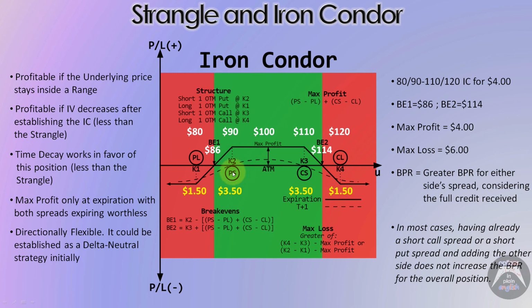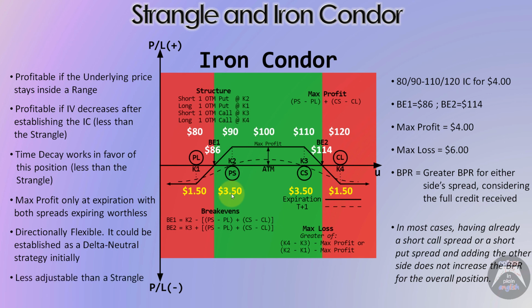In this case, you're going to have to get the delta for this, delta for this, delta for this, and delta for this, and add them all up, because you have the same expiration, same number of contracts. You straight up add them up, and you get the position delta. And when you are building your portfolio, that's what your directional risk or your directional component is for this position.